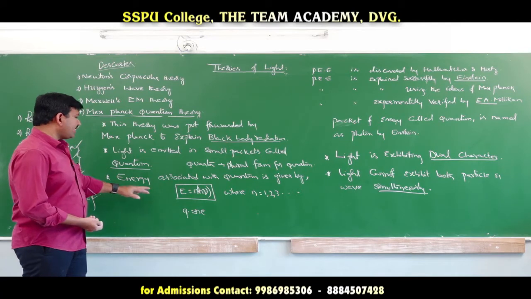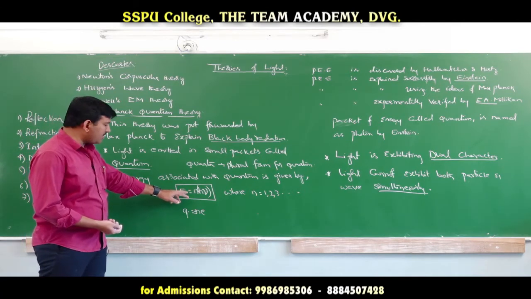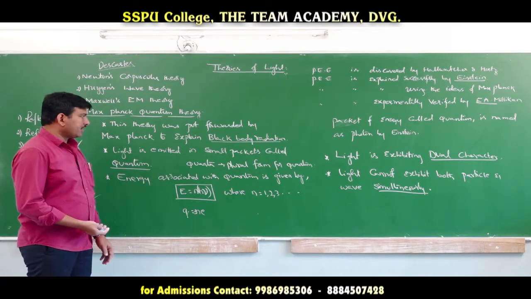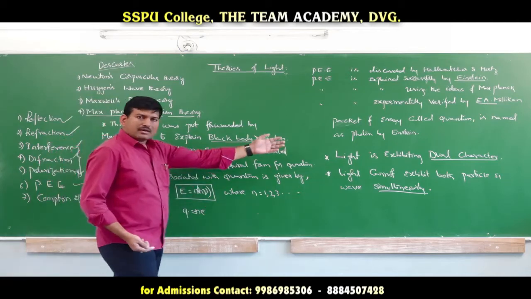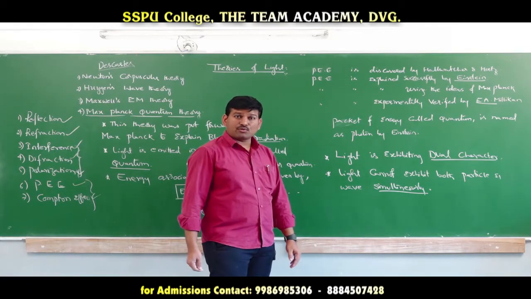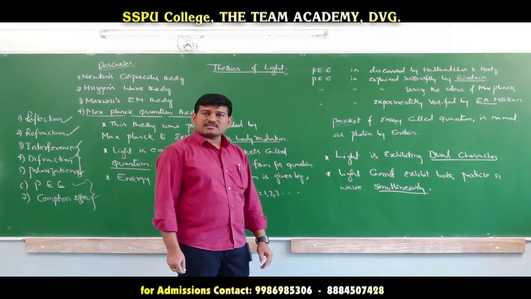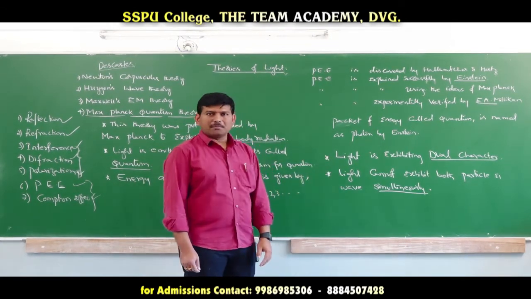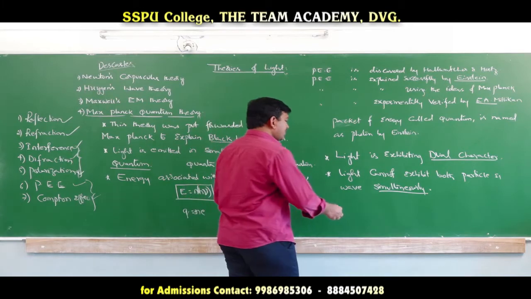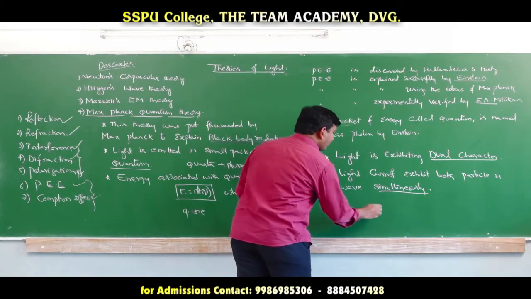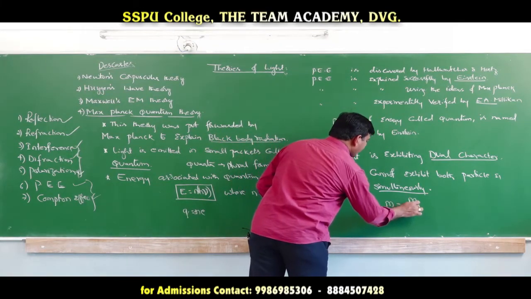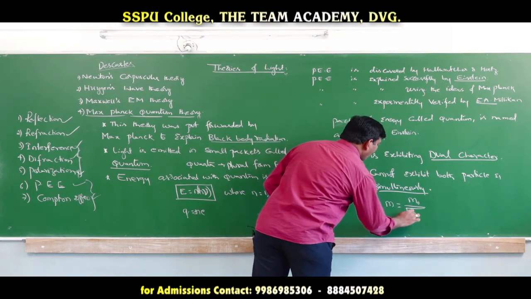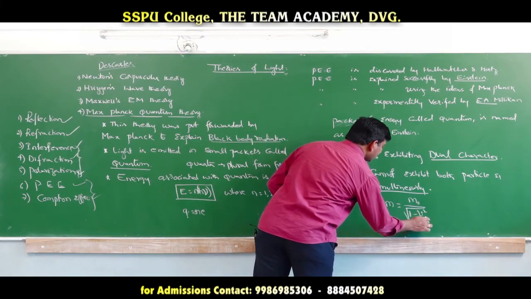According to quantum theory, energy associated with the photons is given by E = nhν, and the rest mass of a photon is 0. According to Einstein, rest mass of photon is 0, and if a photon is moving, it is having some mass. The mass associated with moving matter is given by the formula m = m0 / sqrt(1 - v²/c²).